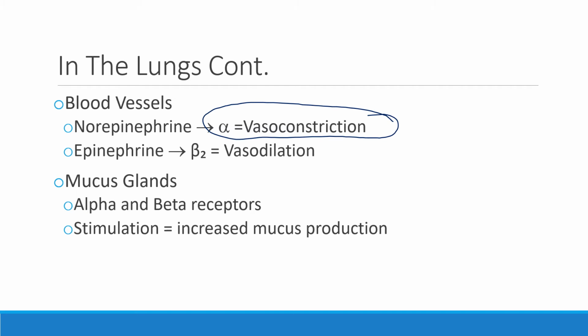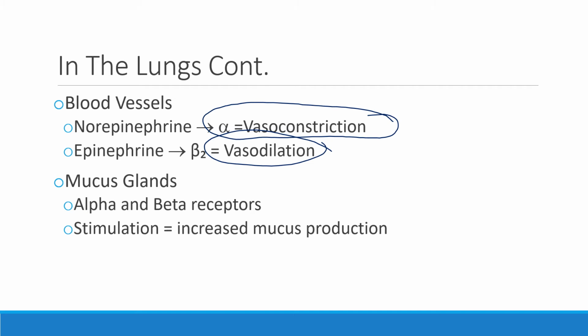But with epinephrine and beta-2, it will actually cause vasodilation. So if we give someone epinephrine, the epinephrine will cause that beta-2 release, and that beta-2 will actually allow for vasodilation, will allow for better perfusion, compared to vasoconstriction with alpha, right?